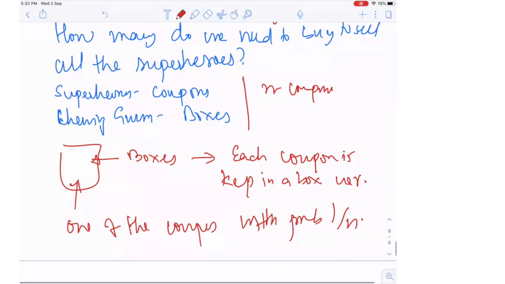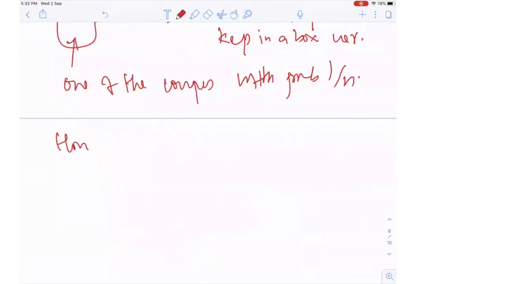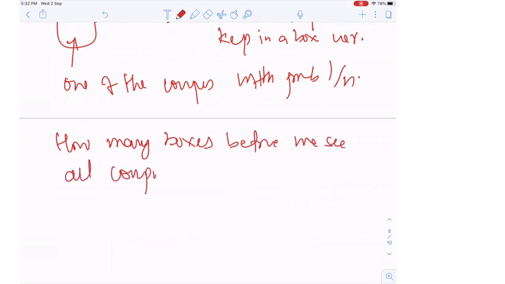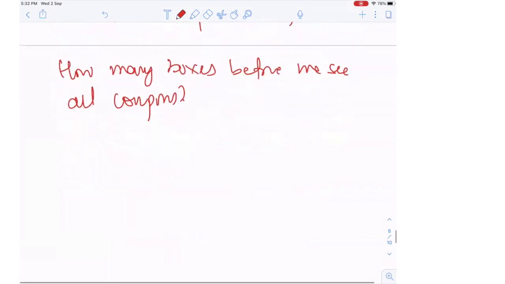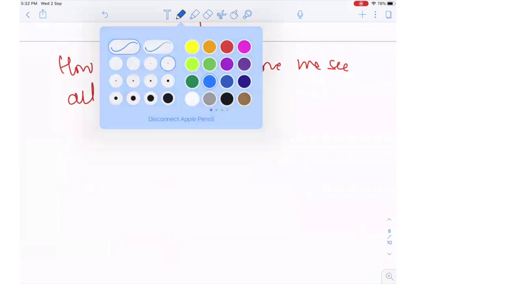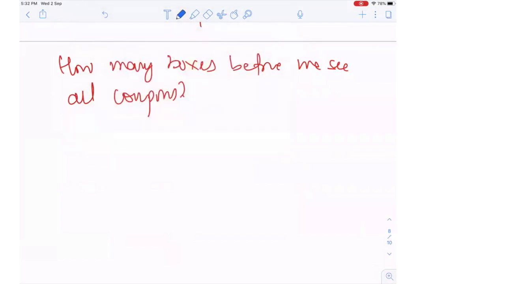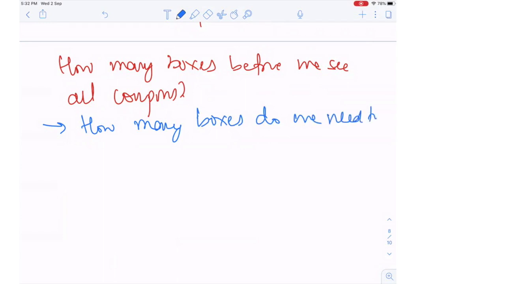Now we ask ourselves, how many boxes before we see all coupons? Is the question clear? I'm going to tell you how many boxes you need to buy today, and that will be the end of our lecture today.